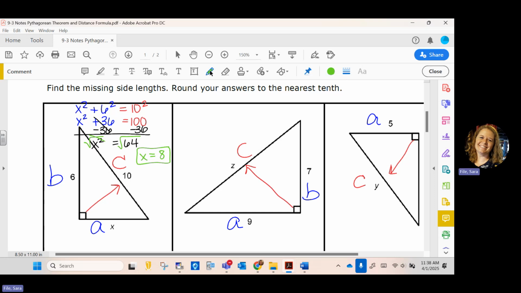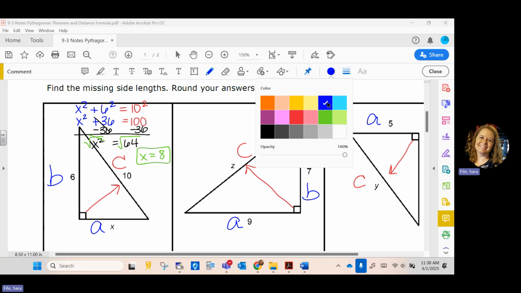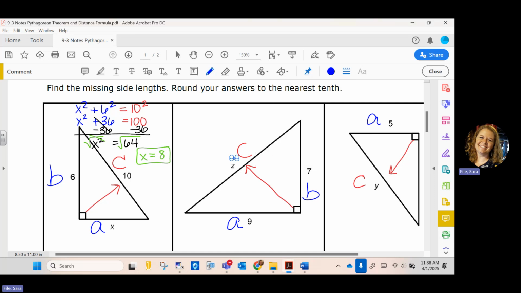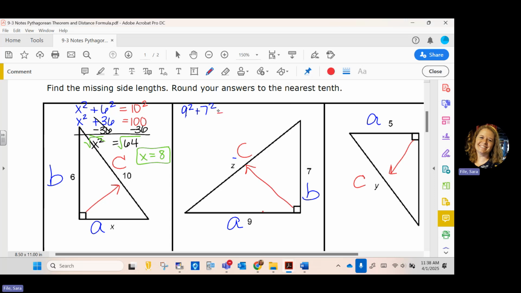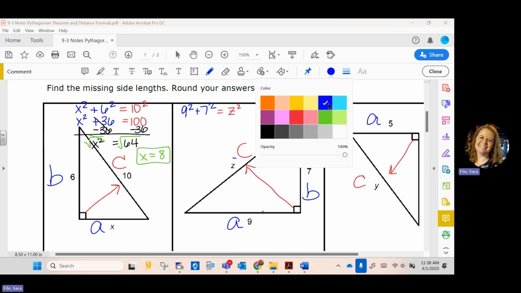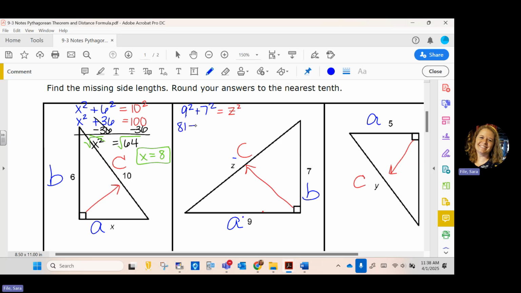Okay, so now I'm going to set up this second one. My A and B are both known, 9 and 7. So I've got 9 squared plus 7 squared. And then my C is the unknown, Z squared. So now I will calculate. 9 squared is 81. 7 squared is 49.